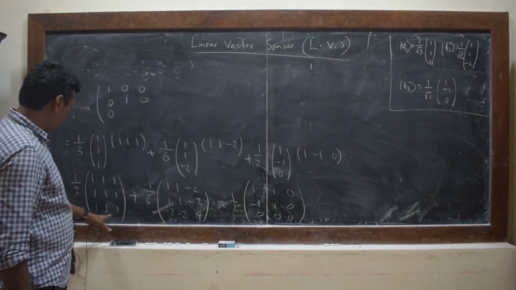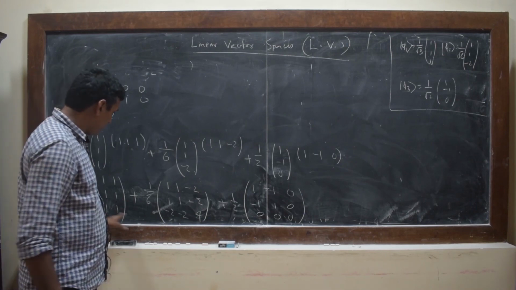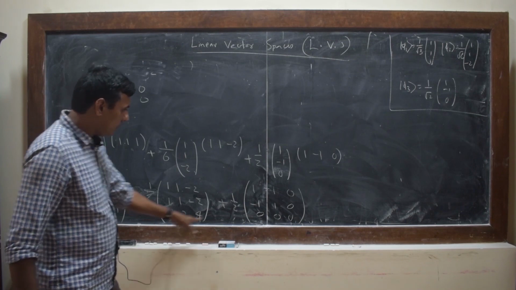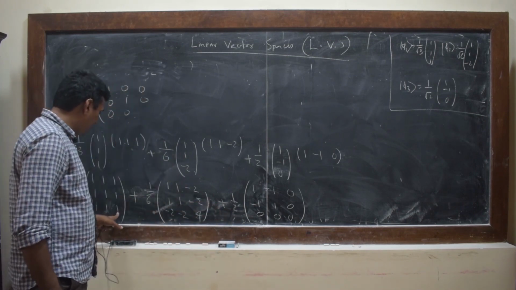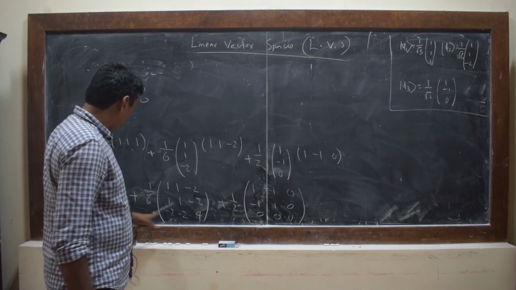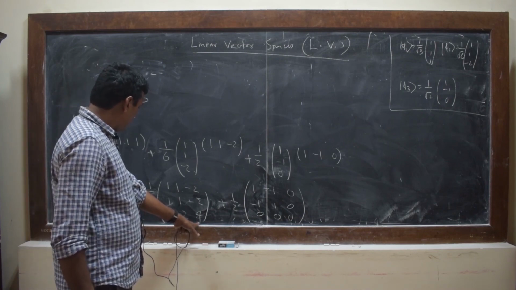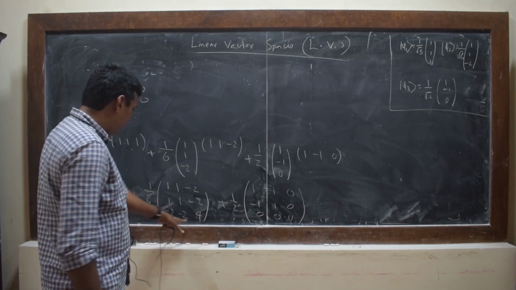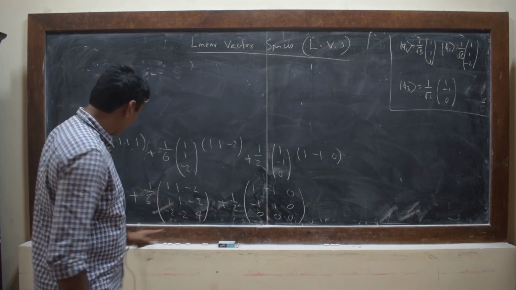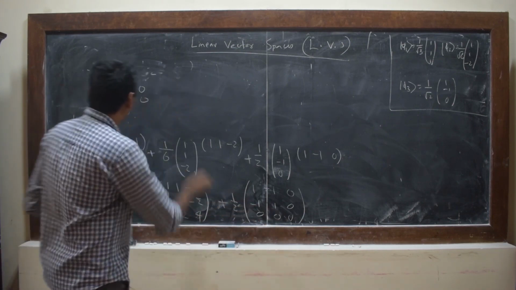And similarly, this will be 2 by 6 minus 2 by 6, that will be 0 plus 0. And here you have 2 by 6 minus 2 by 6, that will be 0, then 0. And the last one is 2 by 6 plus 4 by 6, that will be 6 by 6, that will be 1, plus 0, that will be 1.